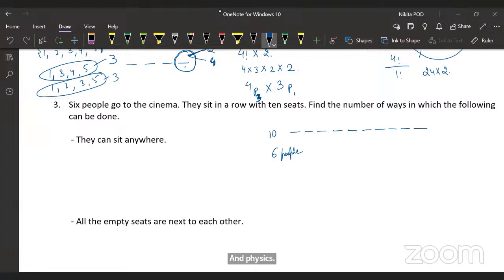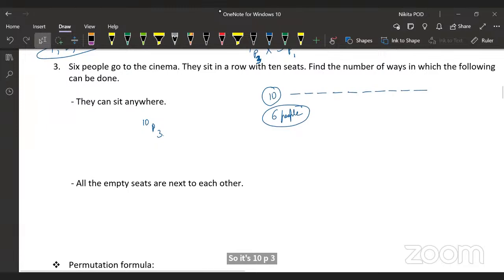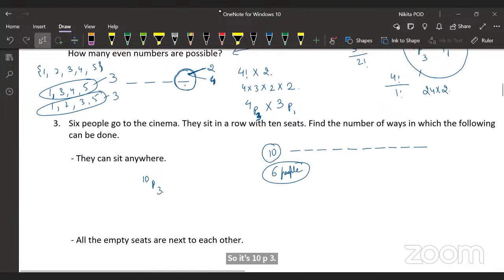If they can sit anywhere, it's like 10 distinct objects, and you have to arrange 6 of them. So it's 10p6. Sorry, I was writing wrong. Yeah, 10p6.